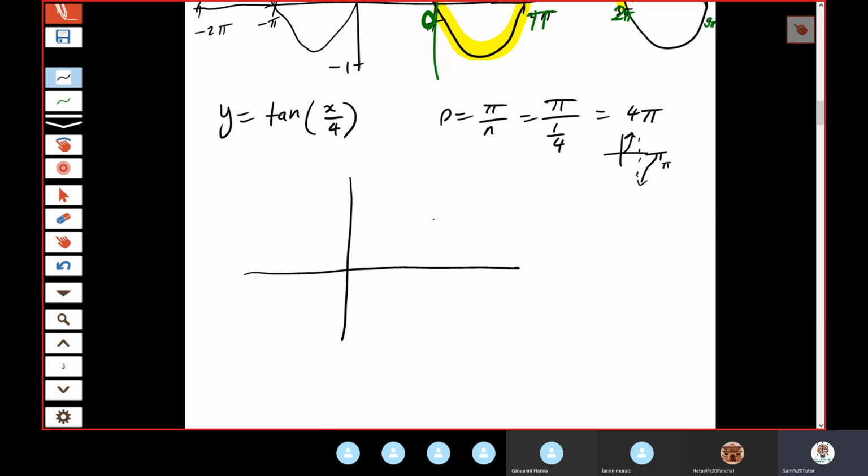So again, you just draw it normally. There's tan, but it occurs every 4 pi. So that's 4 pi, which means what's your asymptote now? Halfway, right? 2 pi. So if the question said draw the graph from 0 to 2 pi, your answer is just this. That's it.